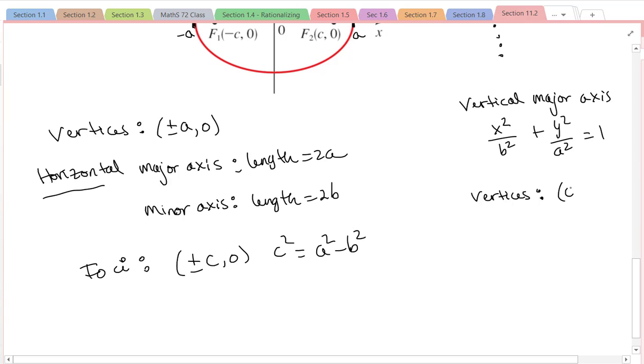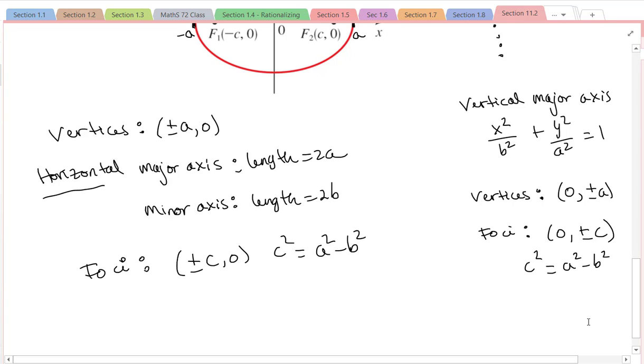Because it's vertical, it would be 0 plus or minus a. The foci will be 0 plus or minus c. Now the length of the major axis will still be 2a, and the length of the minor axis will still be 2b. And c squared is still equal to a squared minus b squared.